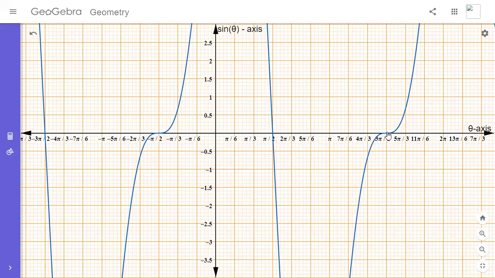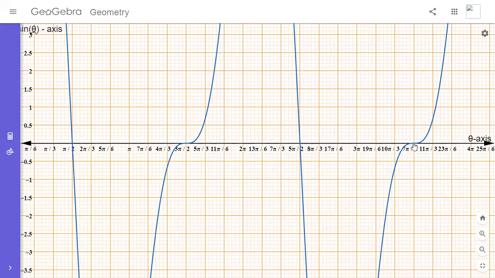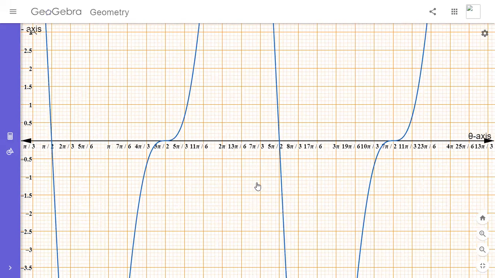You can see that this is a point of inflection, because you have negative gradient here, then 0 gradient here, then positive gradient here. So the graph changes from negative to 0 to positive, so we know that we indeed have a point of inflection. And here's another one, and another one, and so on.